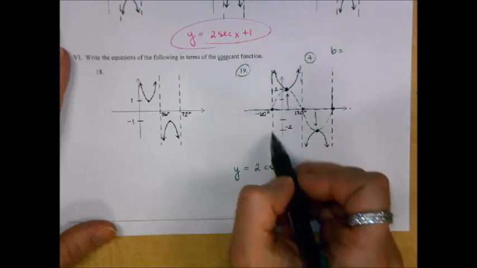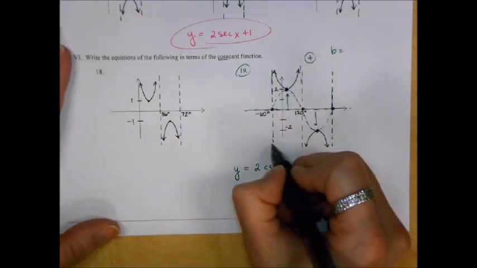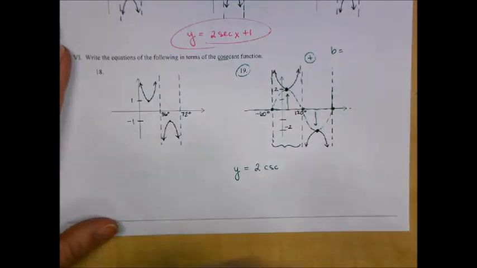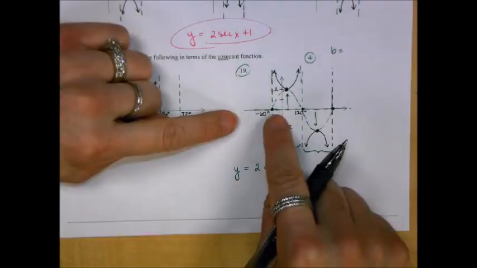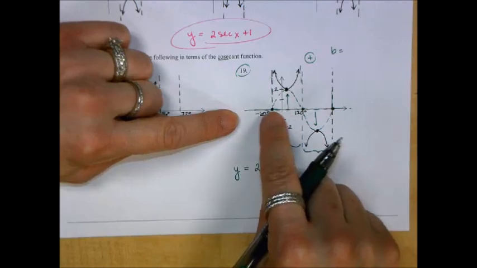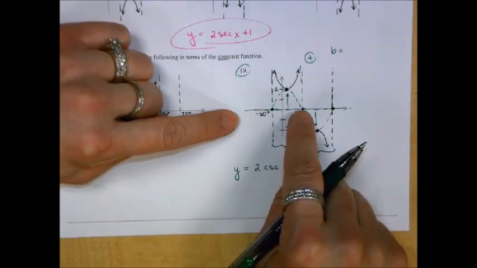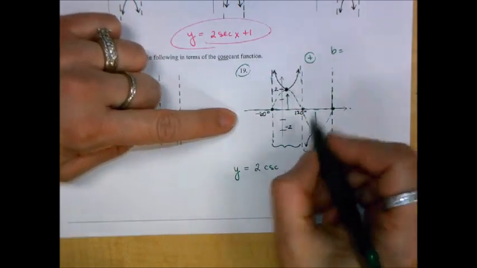So this distance is the same as this distance. And it's really just the distance that I need to know. So negative 60 to 0 is a distance of 60. To 120, so 60 plus 120 is a total distance of 180 degrees. So this is also 180 degrees.